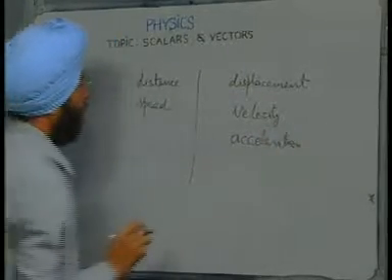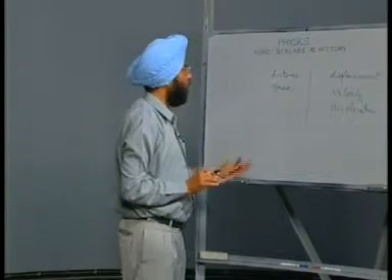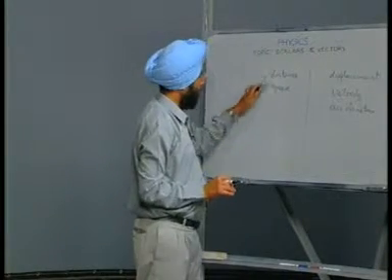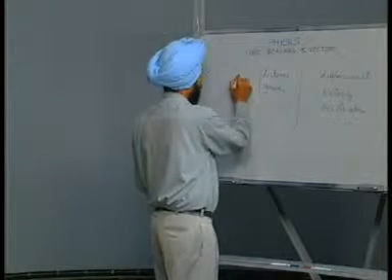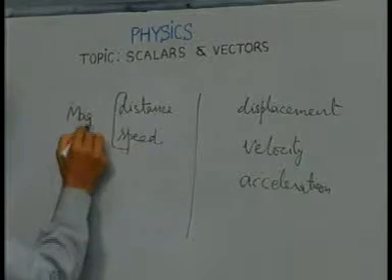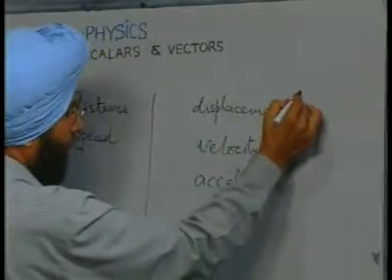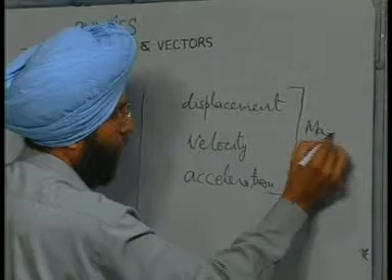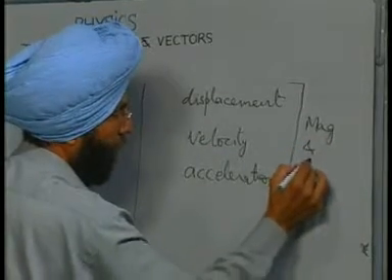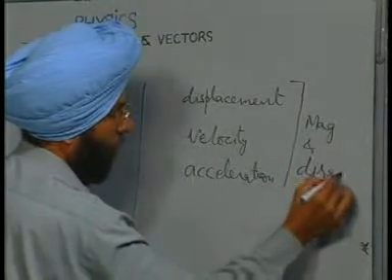We can divide these quantities into two classes. Distance and speed need only magnitude. Displacement, velocity, acceleration, along with magnitude, they need direction also.